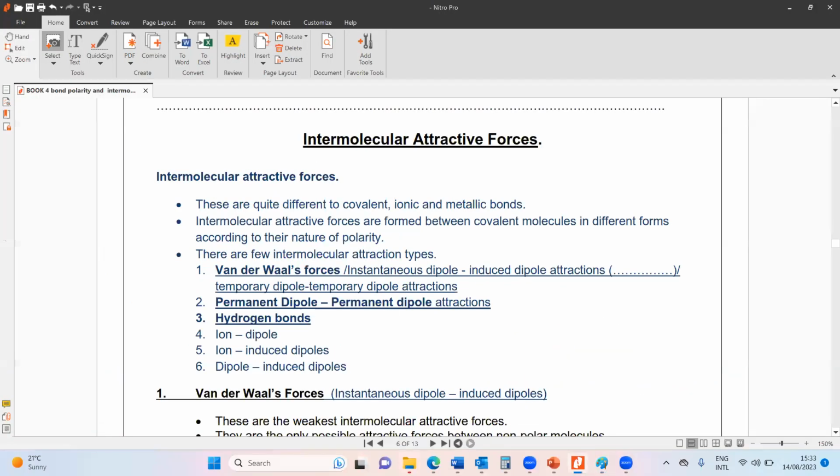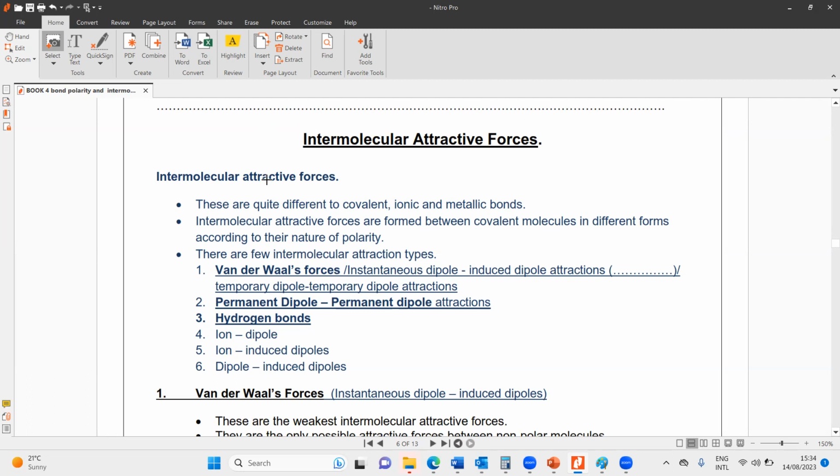The next part is about intermolecular attractive forces. You can't talk about intermolecular attractive forces if you don't know anything about dipole moments in a molecule. What is the meaning of intermolecular attractive forces? As the name suggests, intermolecular attractive forces are found between molecules. We'll read this a little bit.